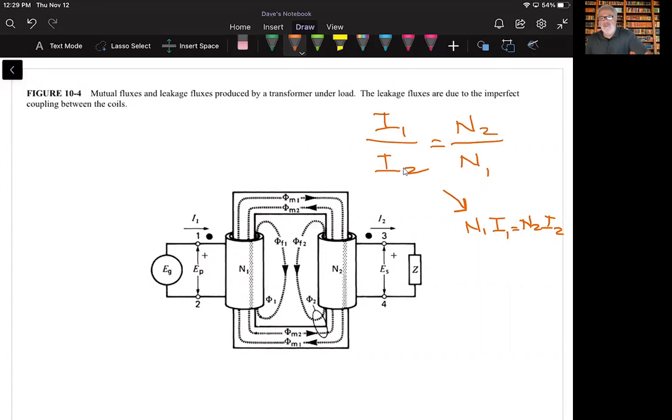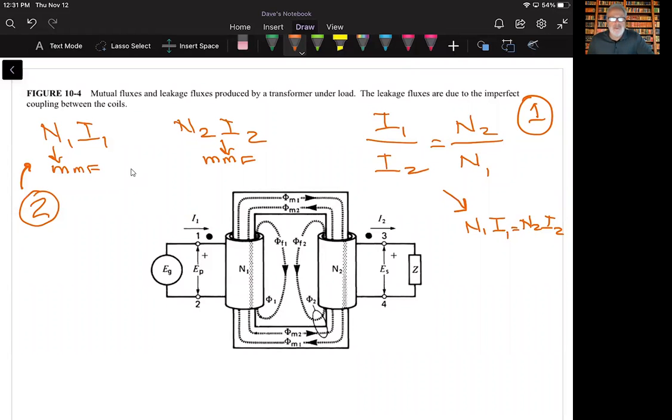And so I1 over I2 equals N2 over N1, inverse relationship in terms of current and turns. We can simplify this, and we can come up with N1 times I1 equals N2 times I2. And we want to recognize that first when looking at this load-connected transformer.